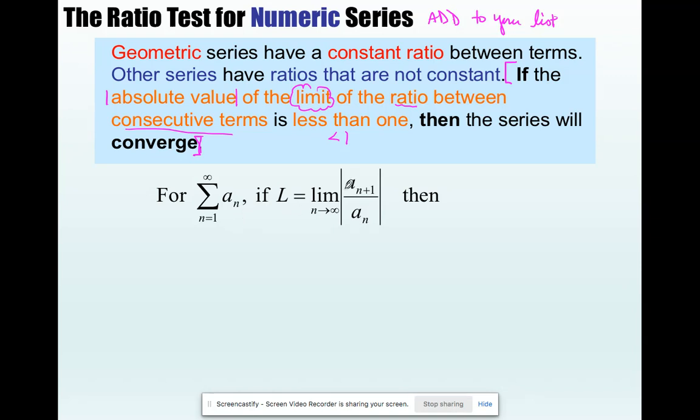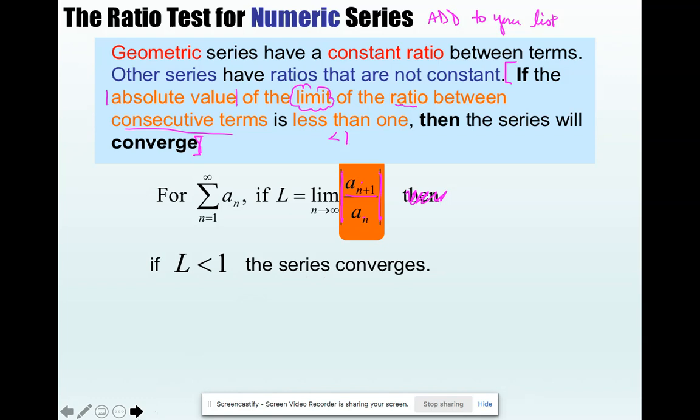If the limit of the absolute value of the ratio of consecutive terms, the second term compared to the first, the 10th term compared to the 9th, if you evaluate that limit, shouldn't have the then there, sorry. If that limit is less than 1, then the given numeric series converges. If that limit is greater than 1, the series diverges.